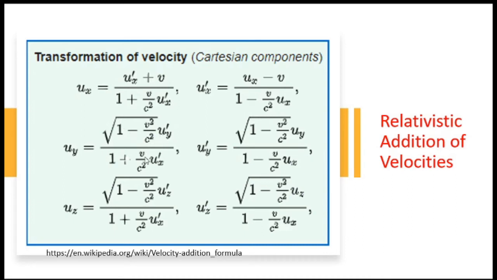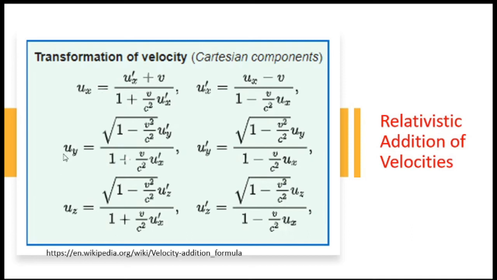So we get this equation, and uz is equal to under root of 1 minus v square upon c square uz dash divided by (1 plus v upon c square ux dash). The three equations for ux, uy and uz give me the components of velocities in frame s.